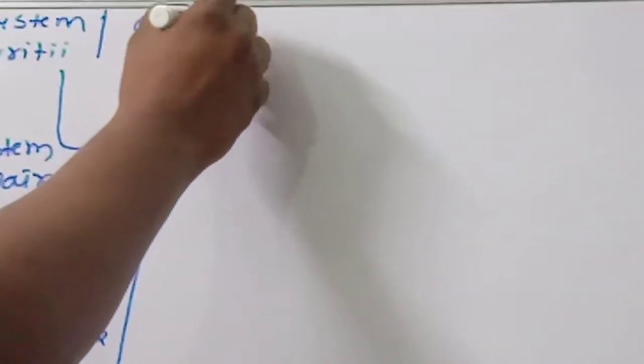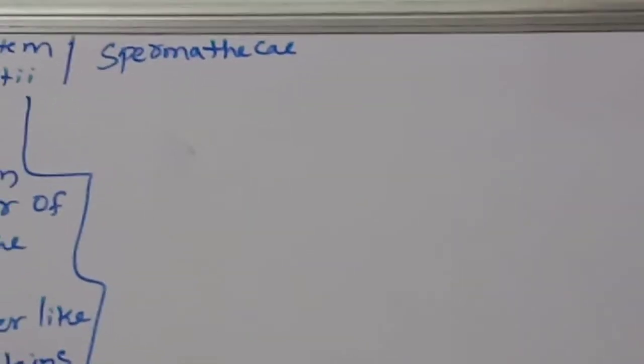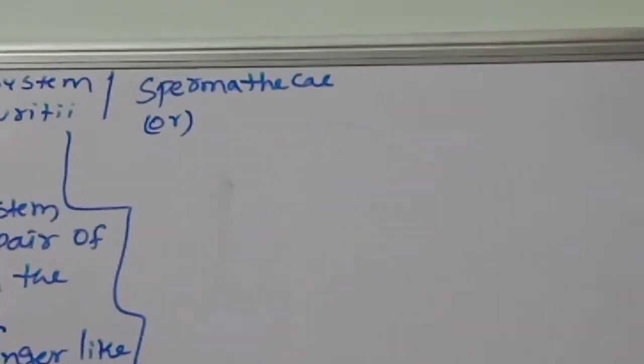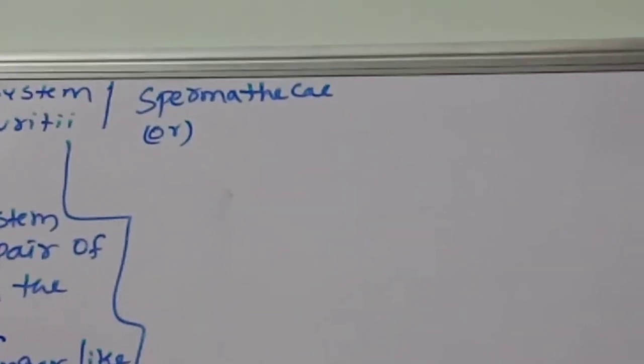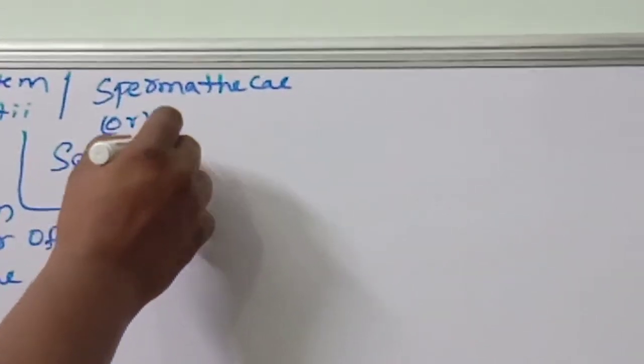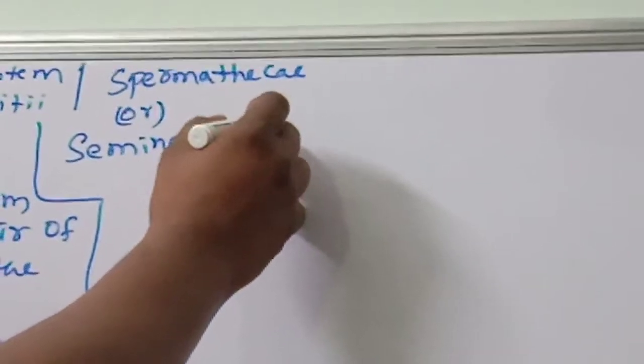Spermathecae. Next one, the spermathecae. The spermathecae are also called seminal receptacles.